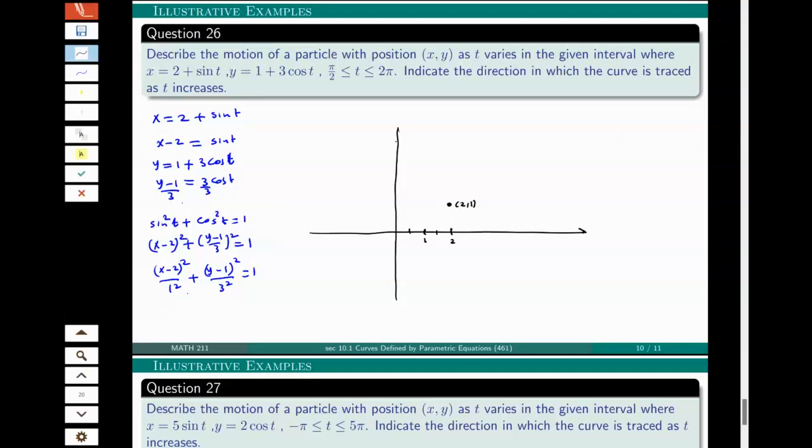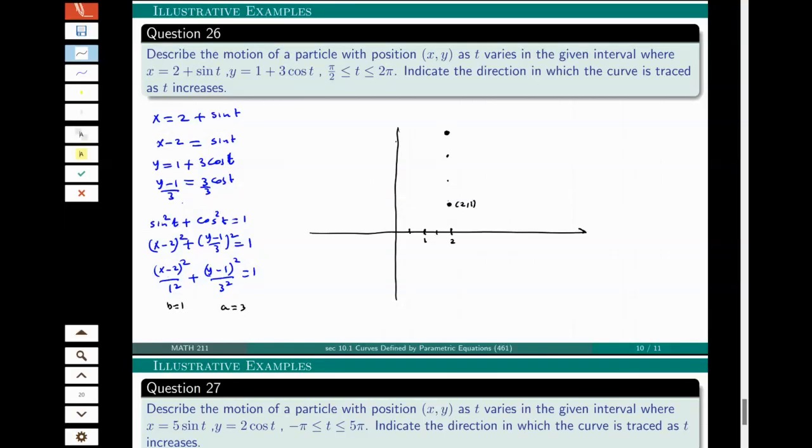Then I have below y, 3, a is equal to 3. Below x, b is equal to 1. So from the center, I will go vertically in the y direction 3 units. So that will be 1, 2, 3.